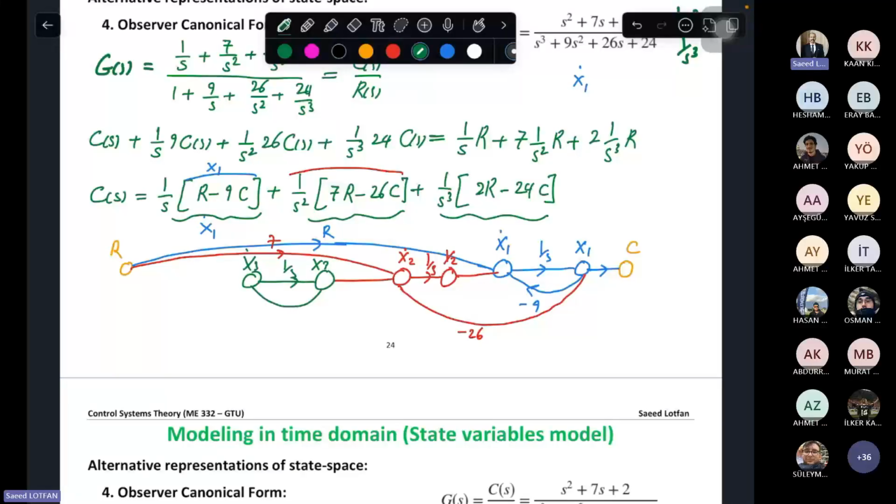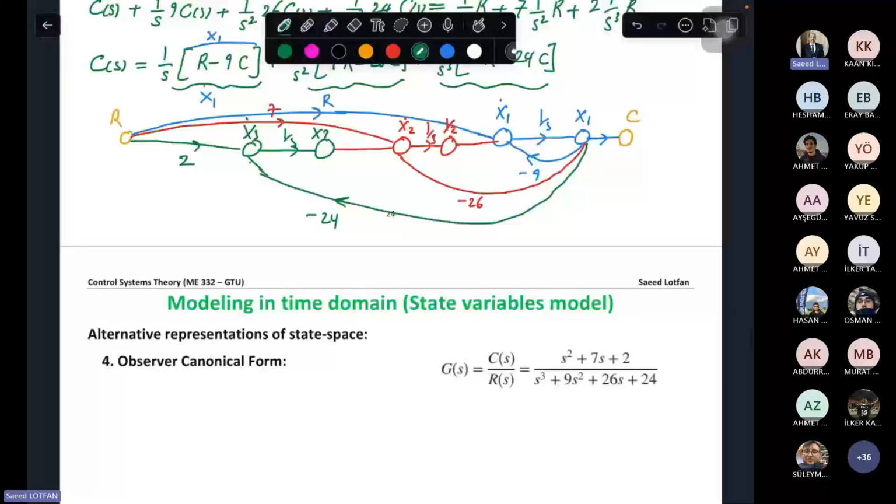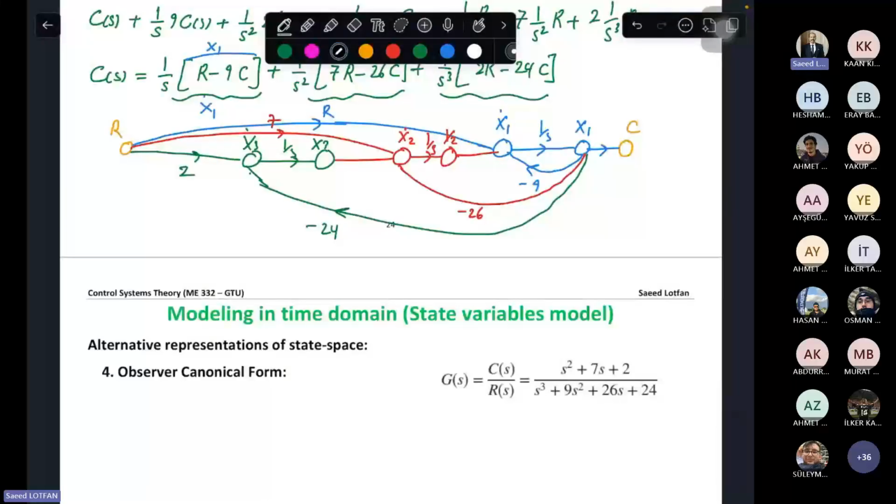From here we have minus 24C and we have 2R. So this is the observer canonical representation. If I write the equations here for x dot 1, I write it here.